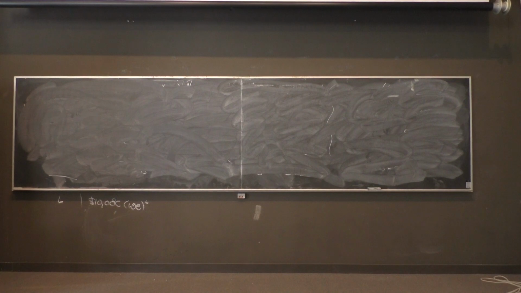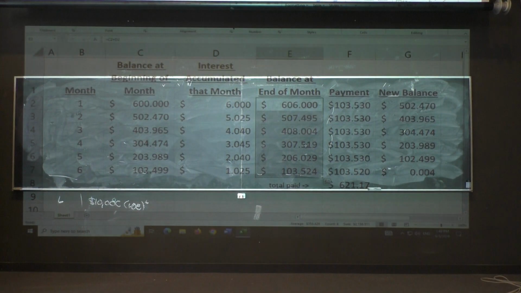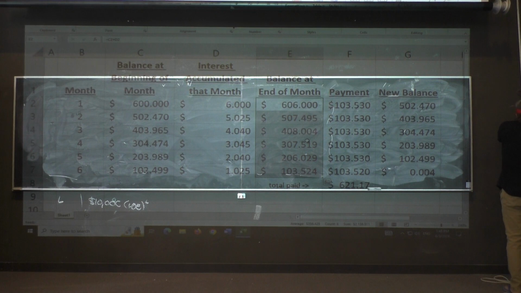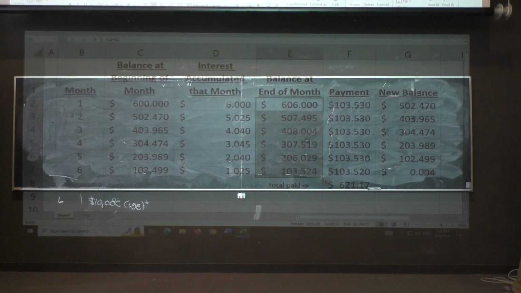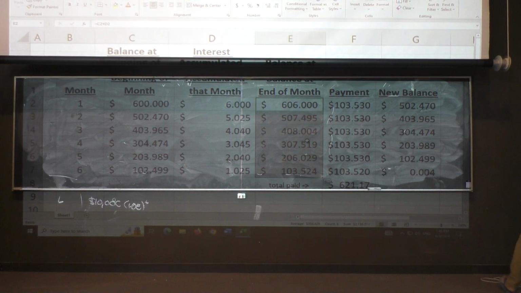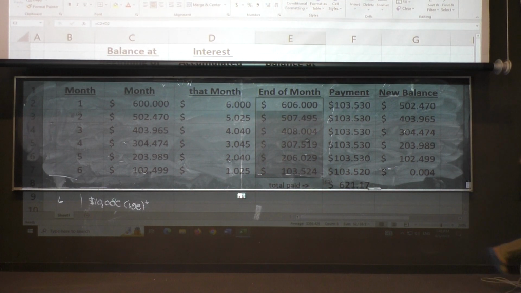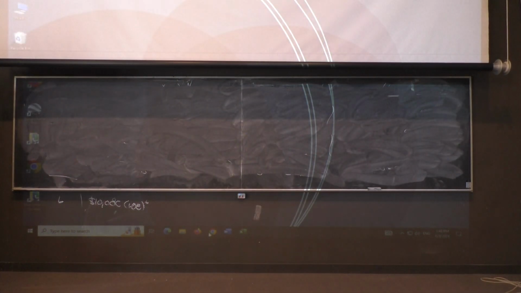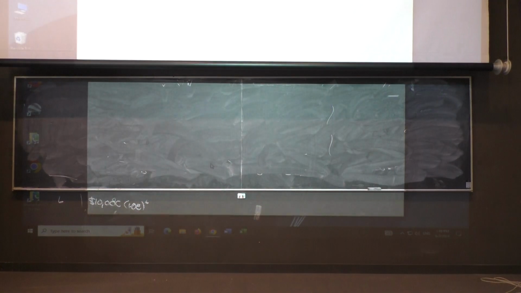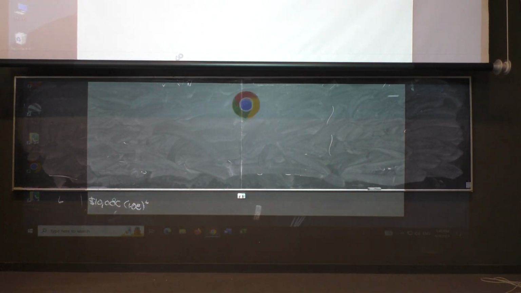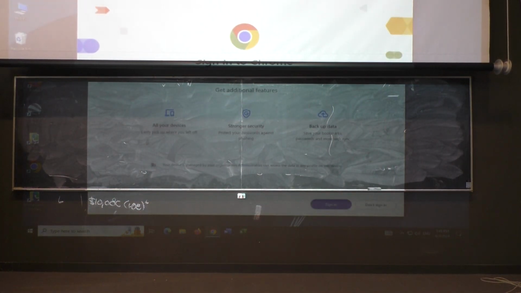I'm going to put the screen back on real quick because I can't do this stuff in my head. Let me lower this down a little bit, just to above the board, so that I can put Google up there and still have the board. All right, so we're going to take the spreadsheet and the amount they owe, which is $5,805.